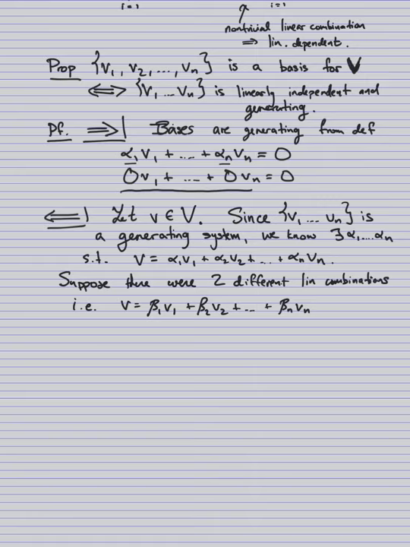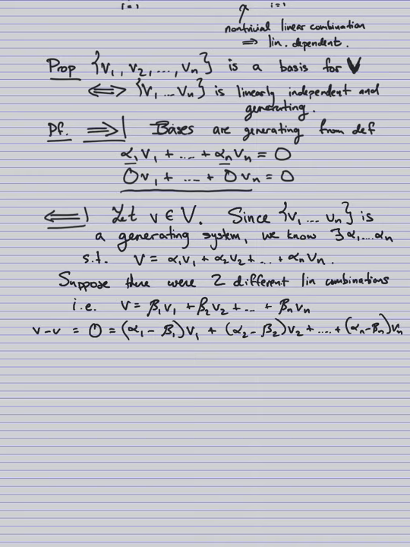Well, then I can set v equal to both of these, so I can say that 0 has to be equal to alpha 1 minus beta 1 v1. So I should say, this is v minus v, plus alpha 2 minus beta 2 v2, all the way up through alpha n minus beta n vn.